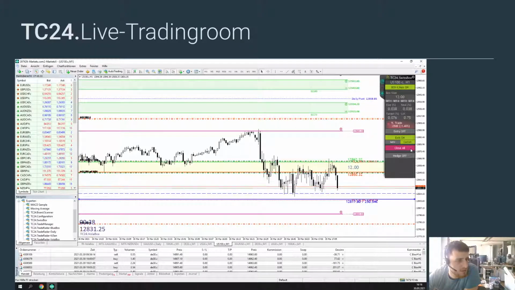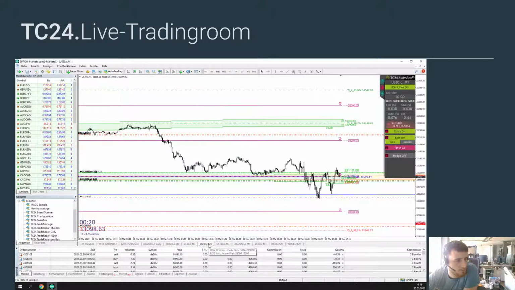See if it's going to break that support this time round. Fifth trade in on Dow Jones now.